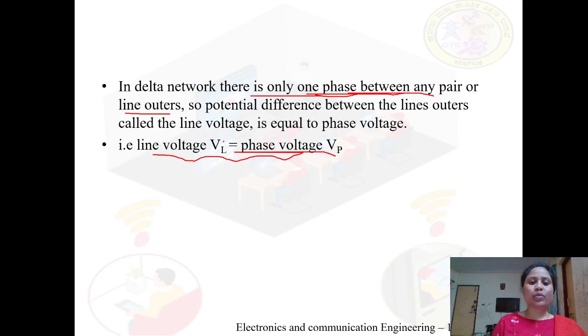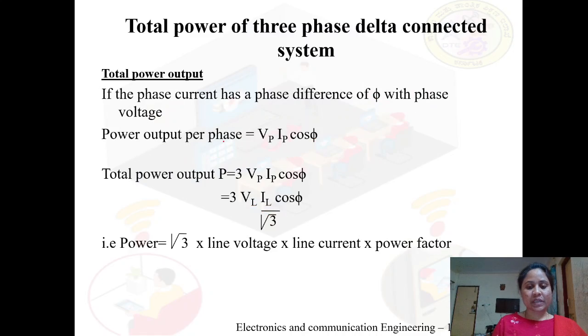So we conclude for the three-phase delta connected system, line voltage is equal to phase voltage and line current is equal to root 3 times phase current.